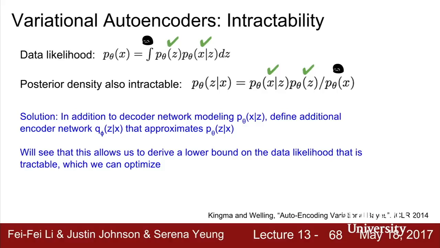We're going to encode this into z. And we define this network to approximate the P of z given x, right? This posterior density term that was also intractable. If we use this additional network to approximate this, then we'll see that this will actually allow us to derive a lower bound on the data likelihood that is tractable and which we can optimize.